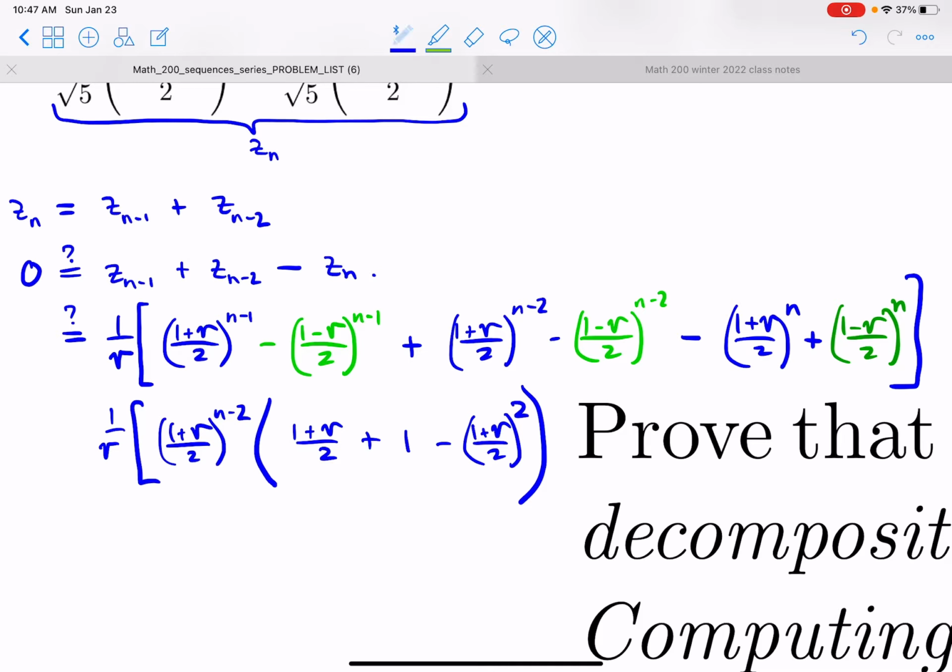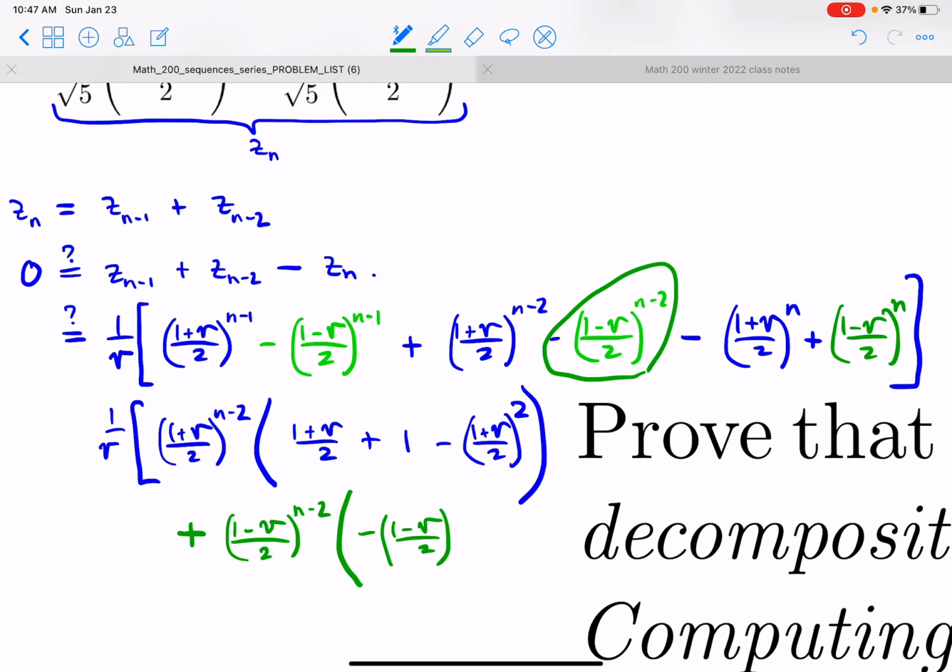Okay, and then I'm not done. I still have the green. And what I'm going to do is, I guess I'll say plus (1 minus root 5 over 2) to the n minus 2. I'm going to pull that out of this one, and I get a minus. I pull that out of this one.